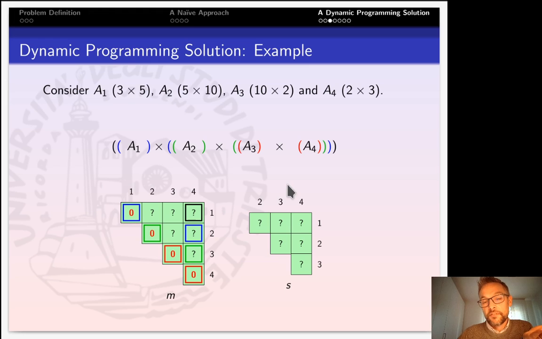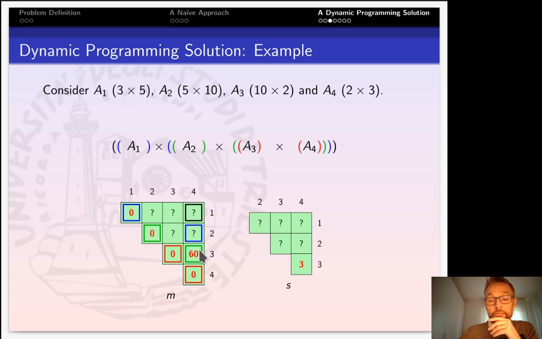This can be done by multiplying the number of rows of A3 by the number of columns of A3 again by the number of columns of A4, and this is 60. Why? The number of rows of A3 is 10, the number of columns is 2, the number of columns of A4 is 3, so 10 by 2 by 3 is 60, okay?